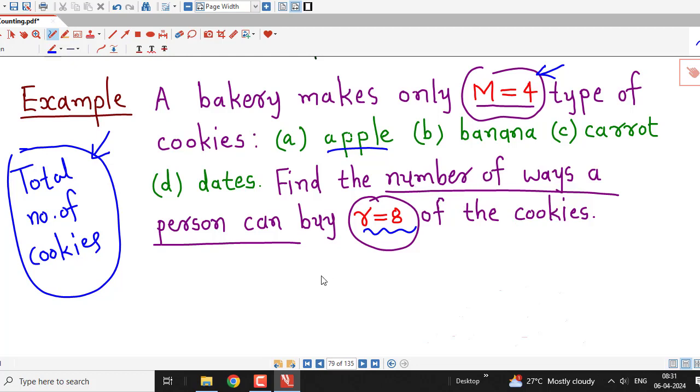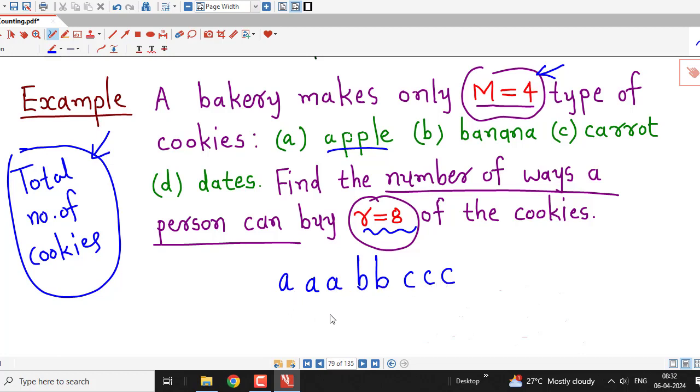For example, we can write randomly that a person can buy 3 cookies of type A, or he can have 2 bananas, that is 3 plus 2 is 5. Then he may have 3 cookies which are of carrot type. So we have 1 2 3 4 5 6 7 8.